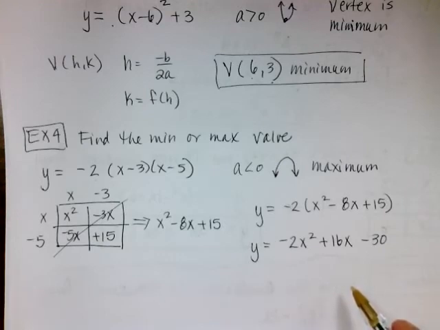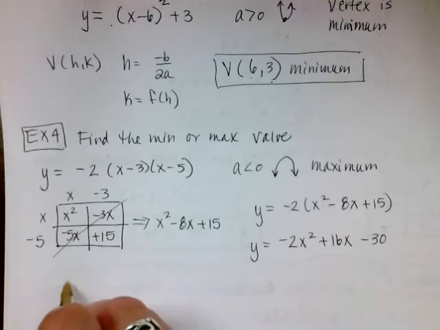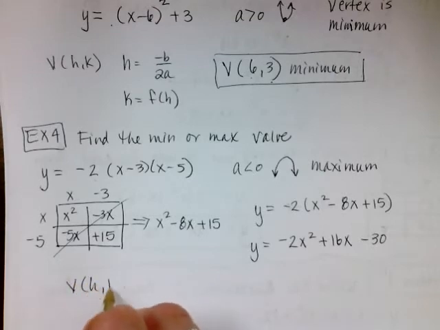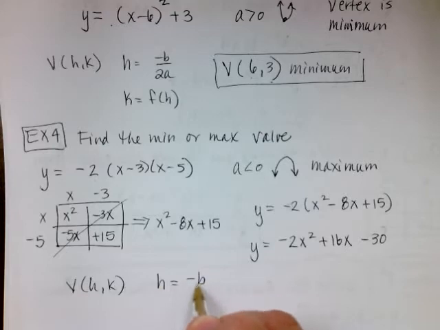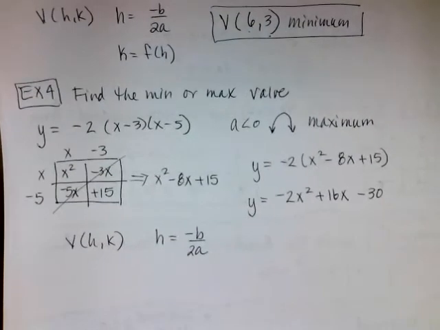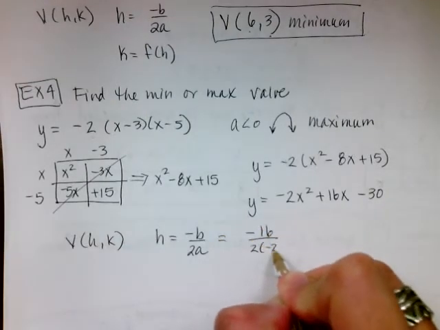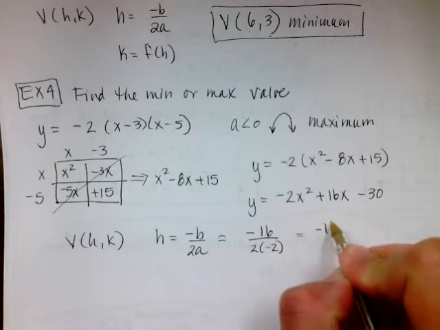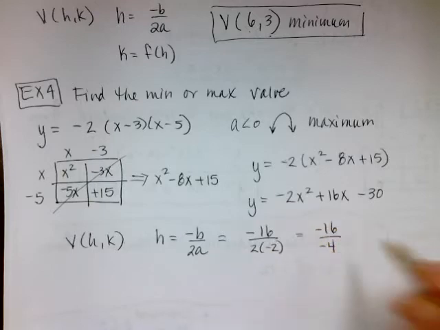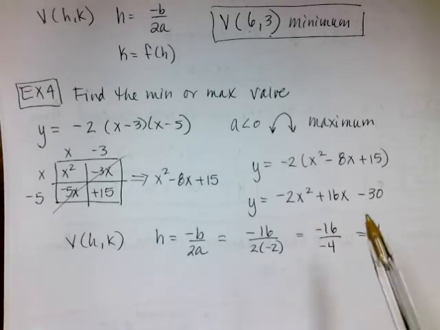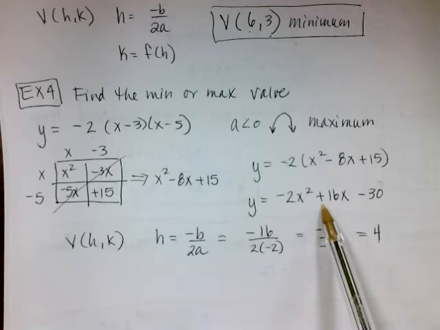Now I can find my h and k for my vertex. So remember that your vertex has coordinates (h, k). h is going to be negative b over 2a. So if I substitute my values in, I'm going to get negative 16 over 2 times negative 2, which is negative 16 over negative 4, which yields a positive 4. Now I'm going to substitute this value back into this function.